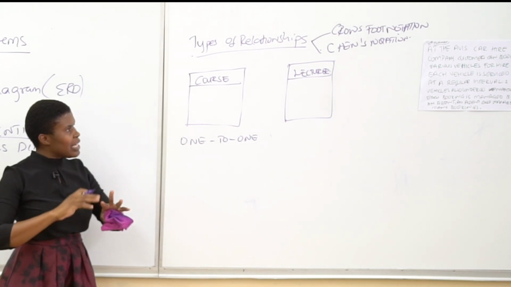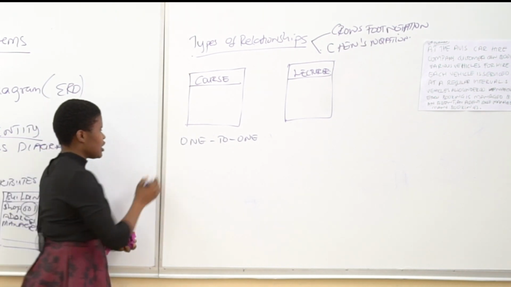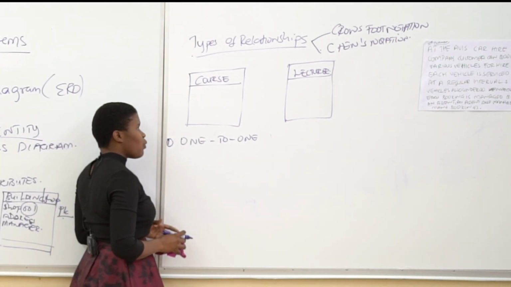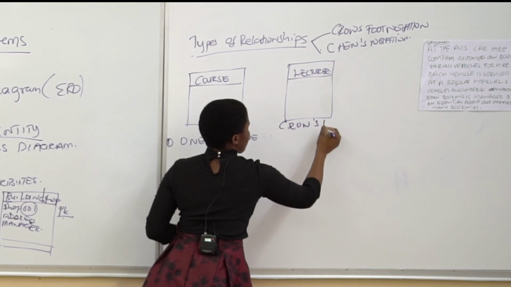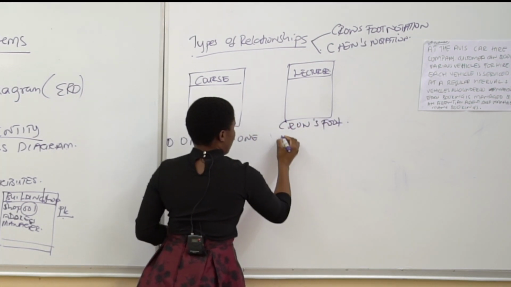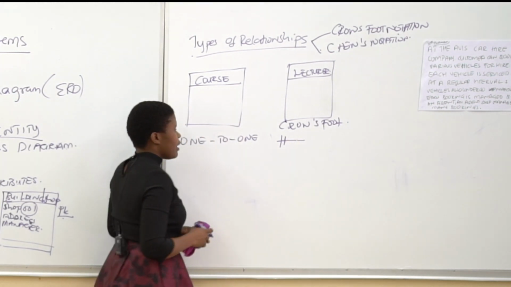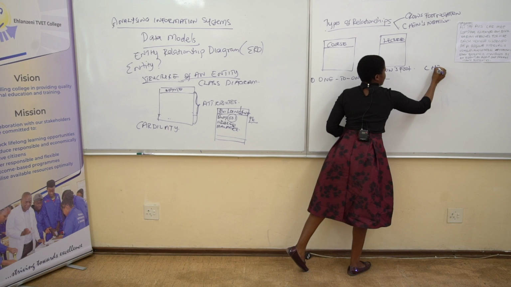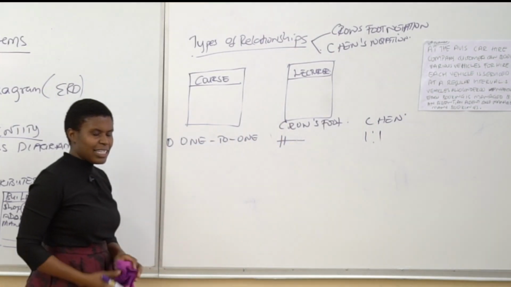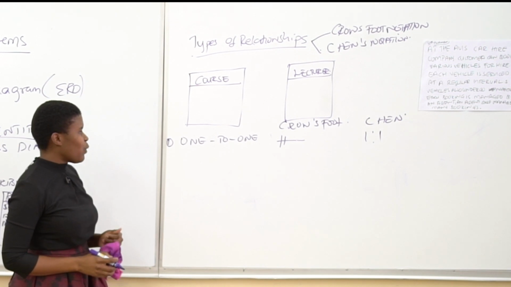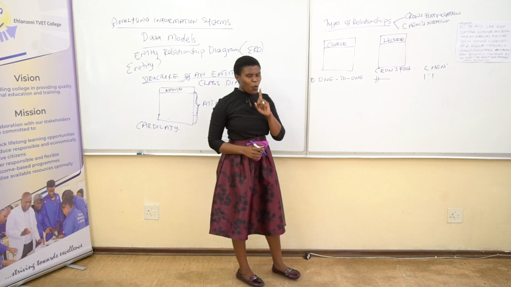You'll see the way it's represented, starting from the one-to-one relationship, which is number one. Under crow's foot we're going to have something like this. This is one-to-one. When we come to Chen, it's going to be 1:1. That's a one-to-one relationship. Relationships are either mandatory or optional.